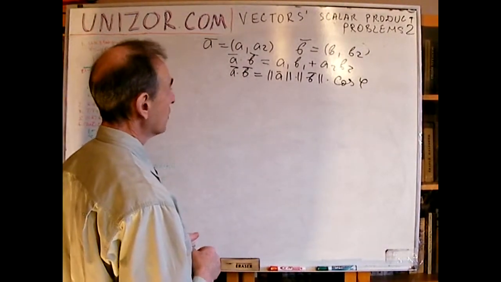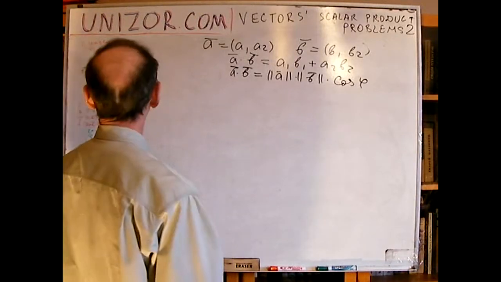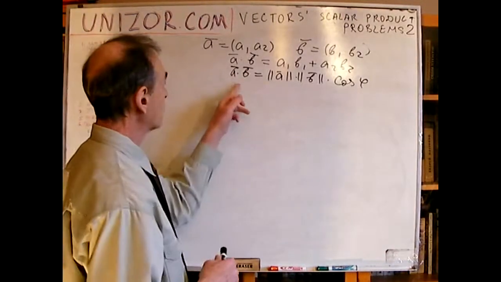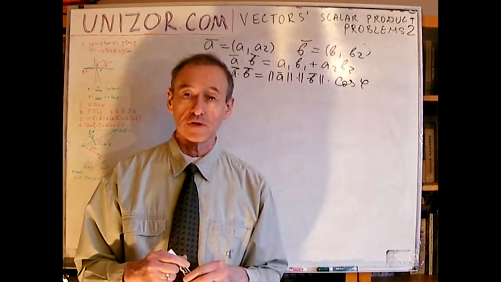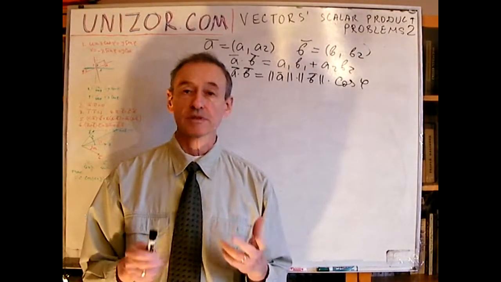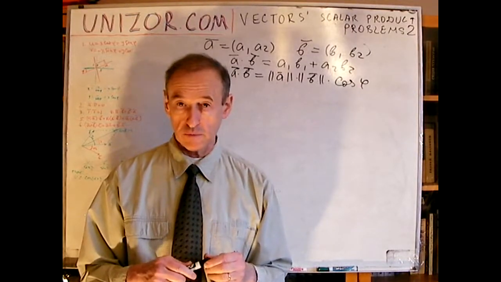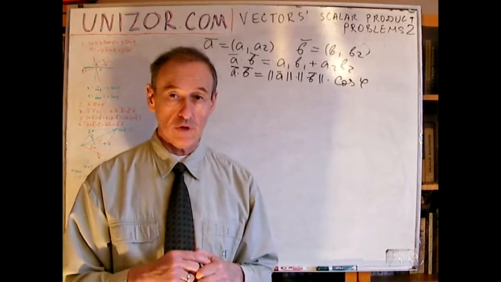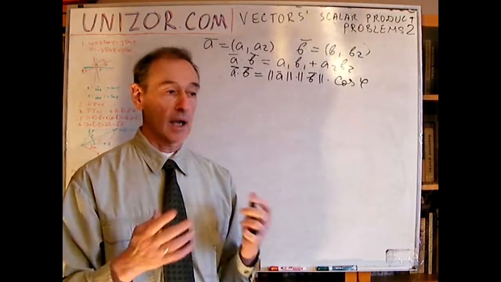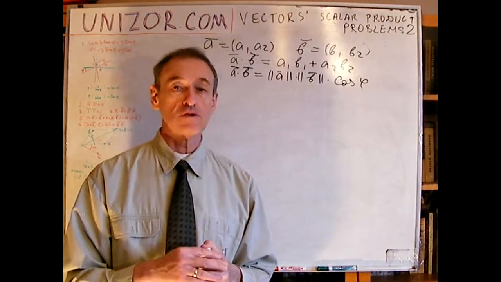Okay, rule number 1: the scalar product should not depend on transformations of the coordinate system which preserve the metric of the system, which means lengths of segments are not changed, and the angle between segments is not changed either.